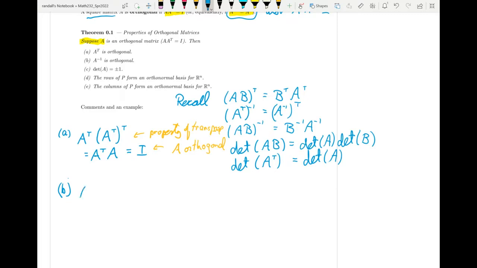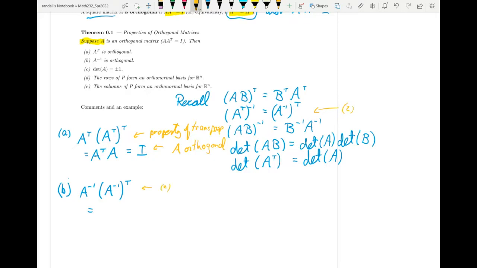So we just sit down and we say, okay, there's the matrix given to me. I'm going to take its transpose and I'm going to look at that product. And I'm going to see whether it's equal to the identity or not. Okay, now we have to do something. So I'm going to use here one of these properties of the transpose with the inverse. Okay, and that's the second property right here. So I'm going to use property 2 here.